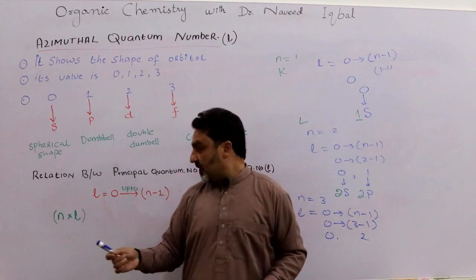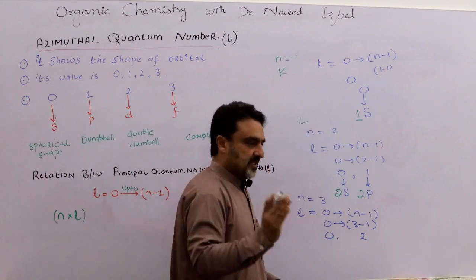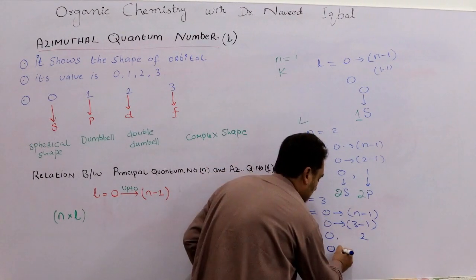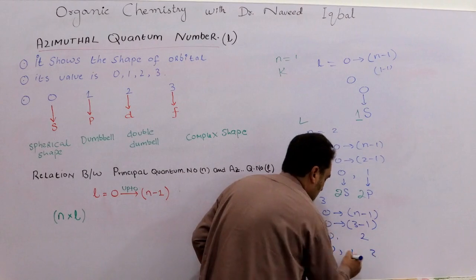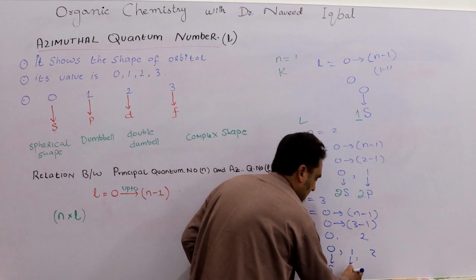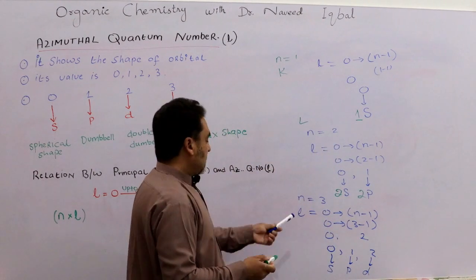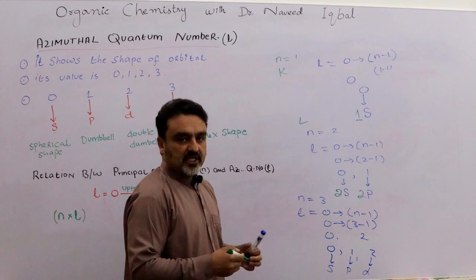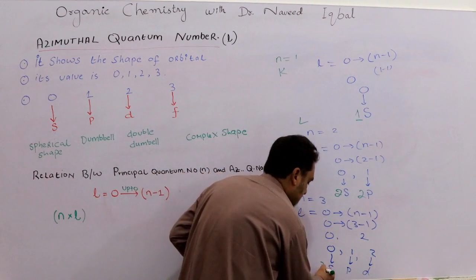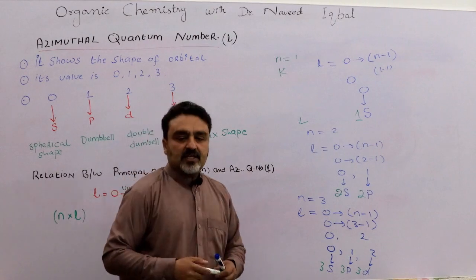Because this formula tells us 0 up to n minus 1, you have to place another number here. So it is 0, 1 and 2. The 0 is s orbital, 1 is p and 2 is d. Now we are talking about the third shell, so it is 3s, 3p and 3d.